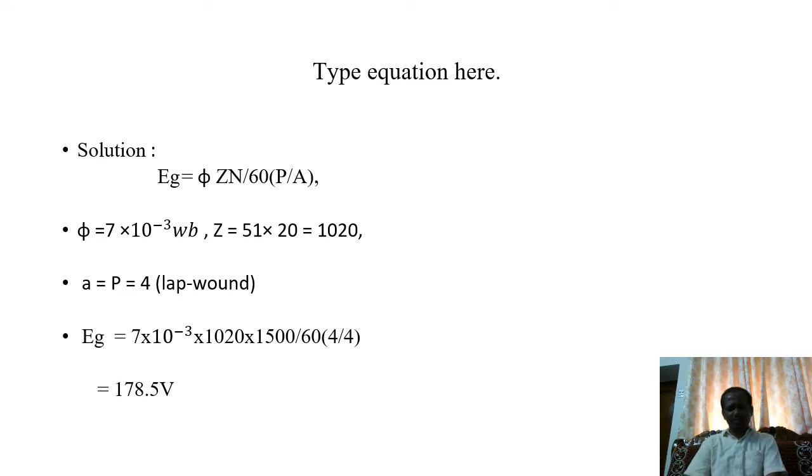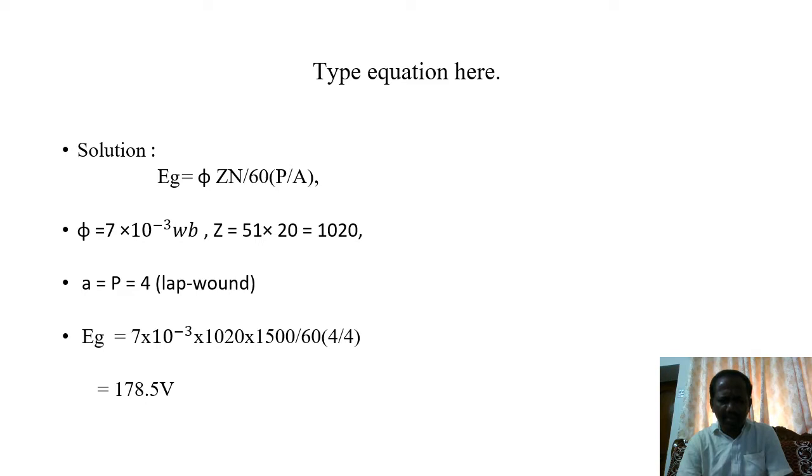This is the solution. The equation is Eg equal to phi Z N by 60 into P by A. Eg is the generated EMF, phi is flux, Z is the number of conductors, N is speed, P is number of poles, and A is number of parallel paths.